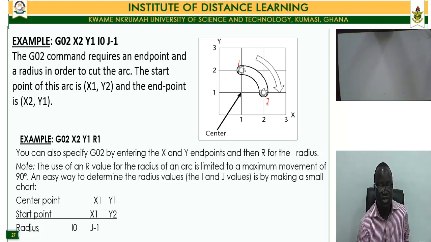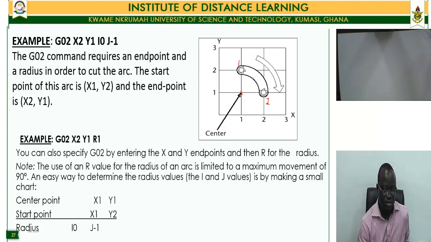So we know the start point is at x equals 1, y equals 2. Then we need the center coordinate. The center coordinate for this arc is x equals 1, y equals 1.